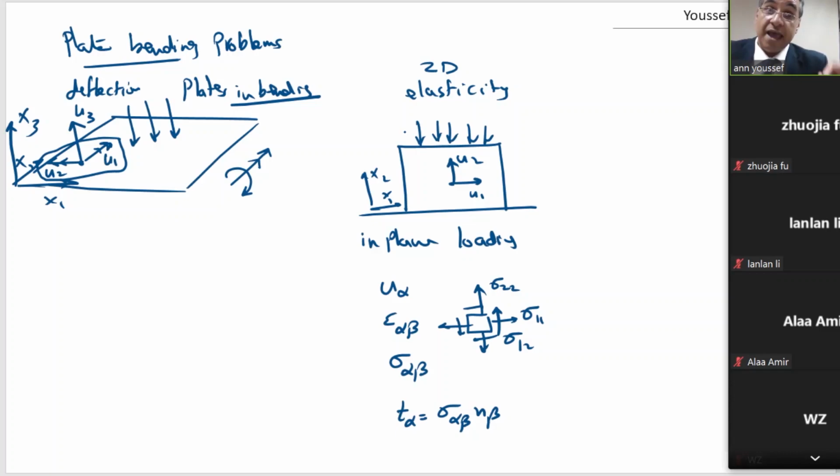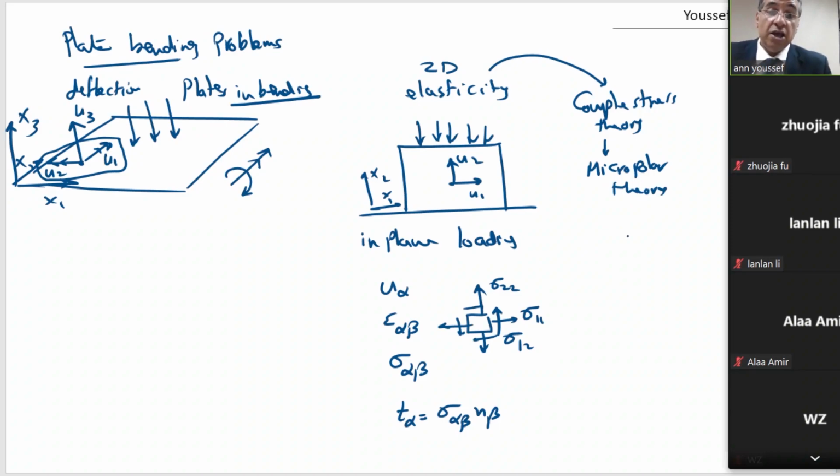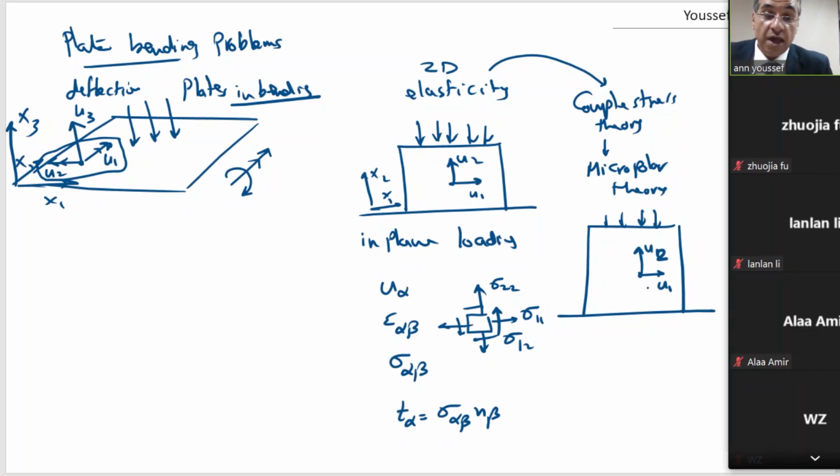But as a side note, we could have something we call coupled stress theory or micropolar theory of elasticity. In this theory, still our load is in-plane load, but here we have two displacements, U1 and U2, and we have rotation, U3.